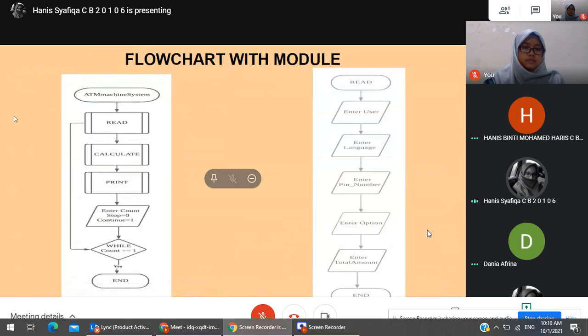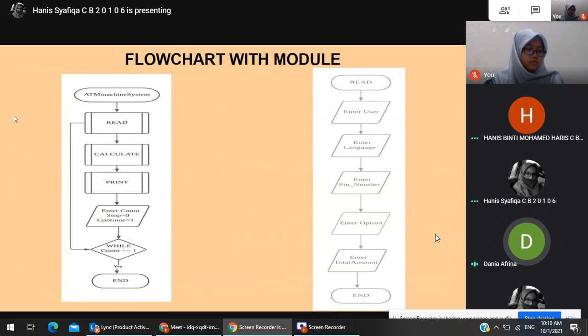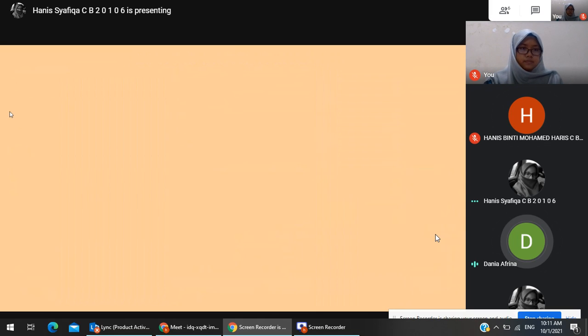Okay, this is the project with module. On my left side is the whole project for this system, which includes read, calculate, and print. And on my right side is the whole project for the read only.